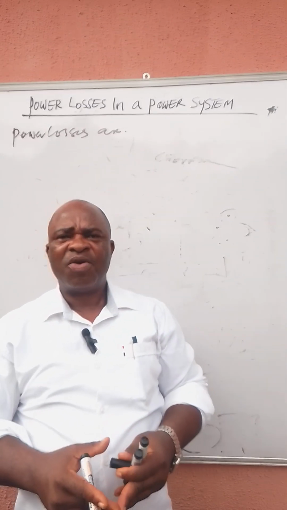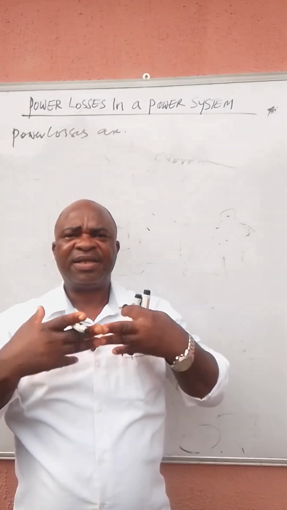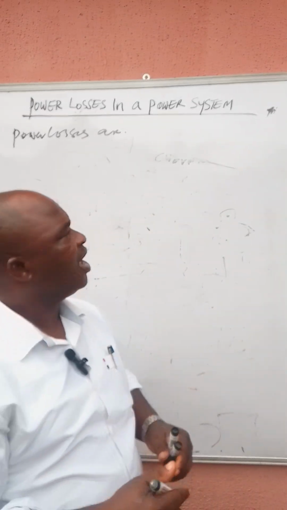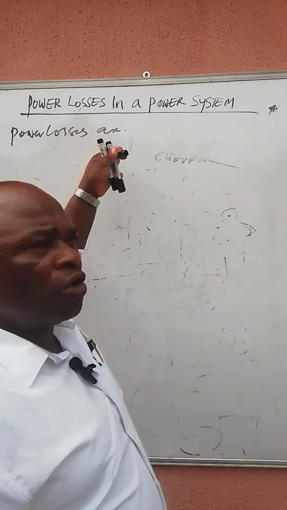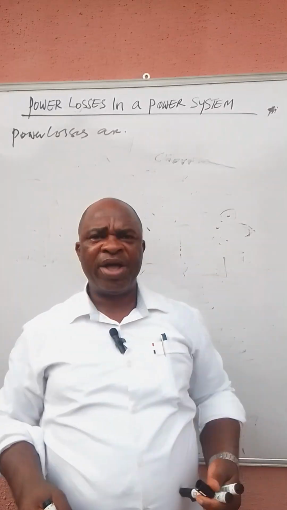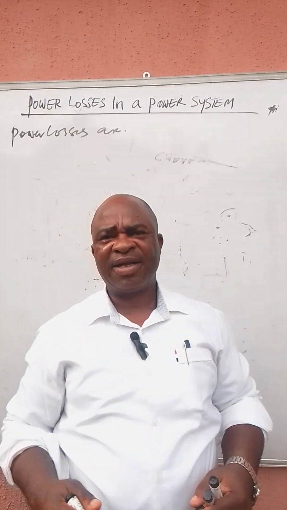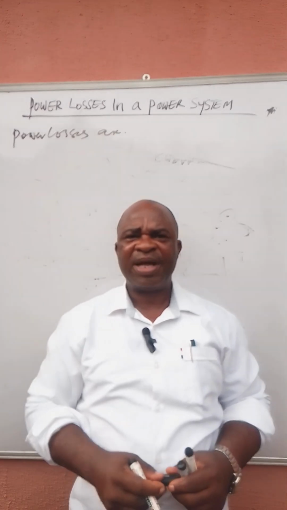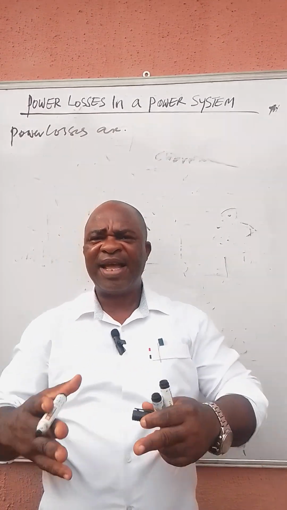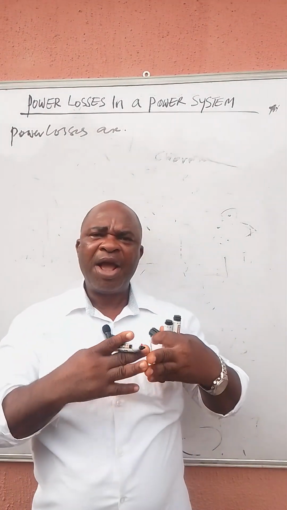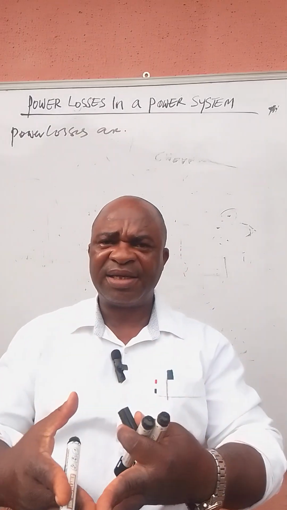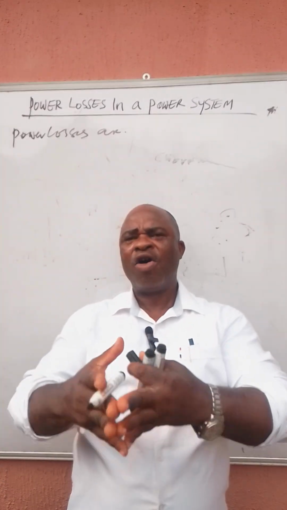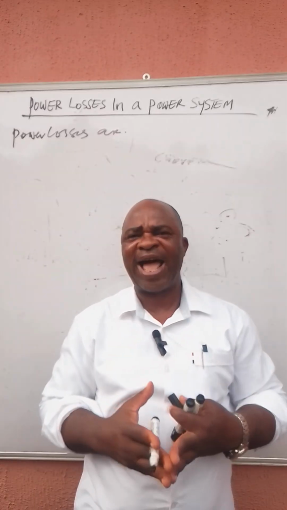That is when we say there are power losses in a power system. And if we don't want to put it that way, we can still say that power loss in a power system is the difference between power delivered or power supplied and power consumed or utilized.